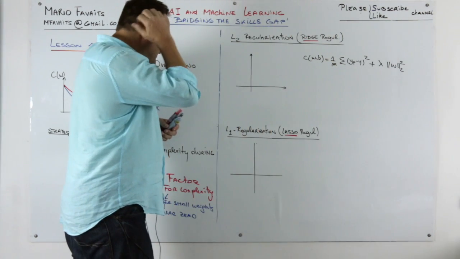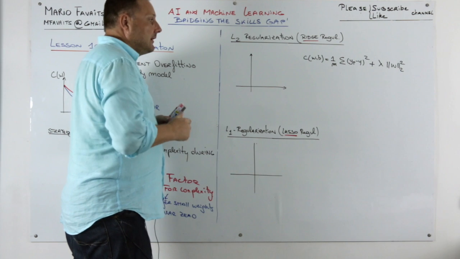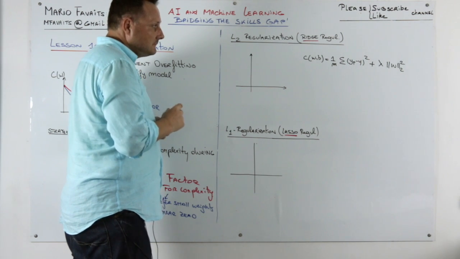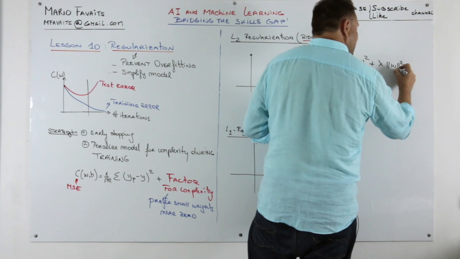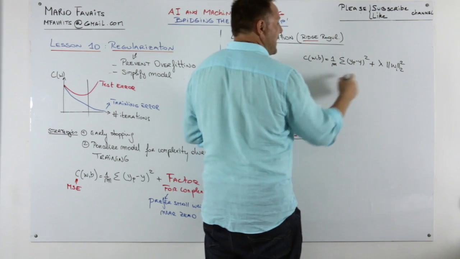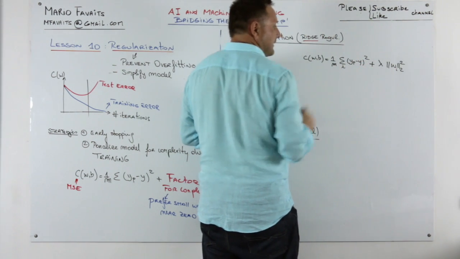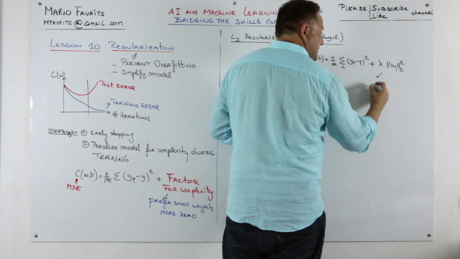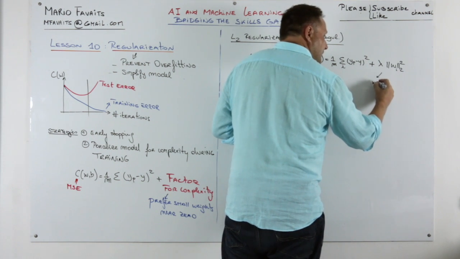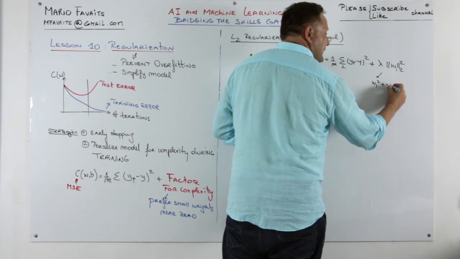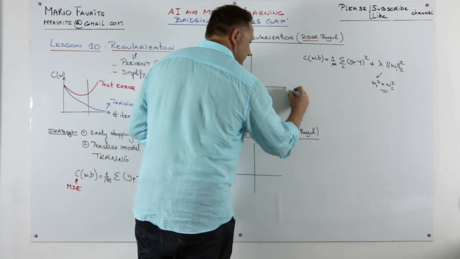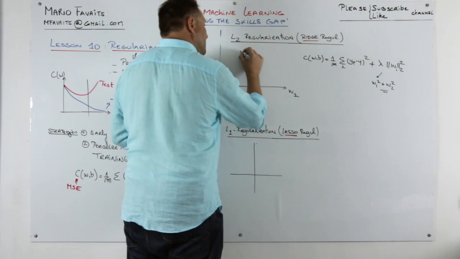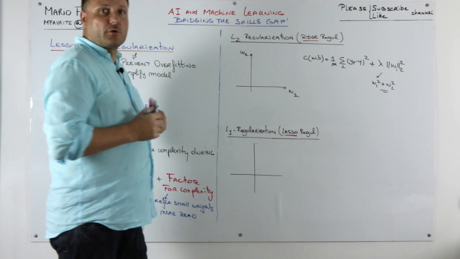So how to visualize this? Well, if you have an example, for example, and this is y, this is a sum over y. Yeah? If you have only two weights, you will have W1 squared plus W2 squared. And you see that if this is W1 and this is W2, you have a circle.